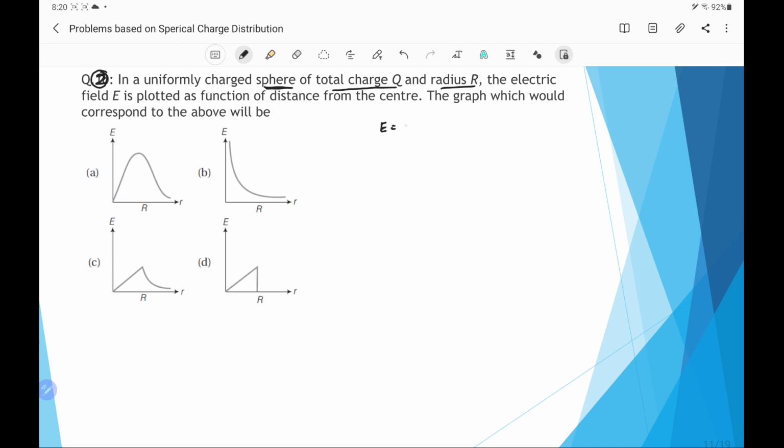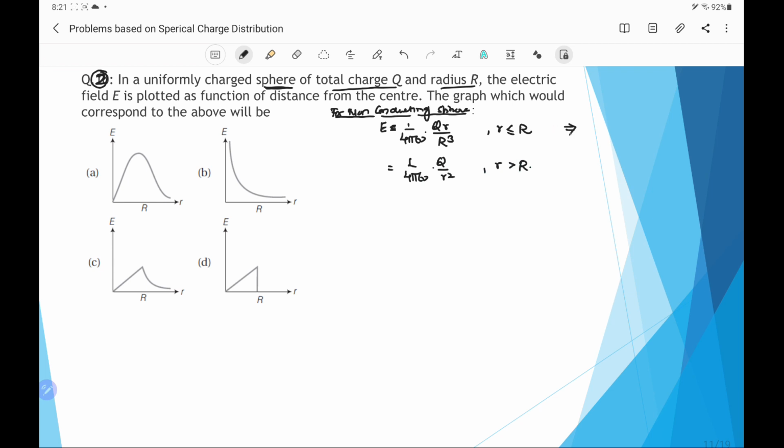Then E will be equal to, for a non-conducting sphere, where charge is distributed over the volume of the sphere, and the electric field, which we have already derived in earlier videos, is 1 by 4 pi epsilon naught q r by capital R cube when r is less than or equal to capital R, and it is equal to 1 by 4 pi epsilon naught q by r square when r is greater than capital R.